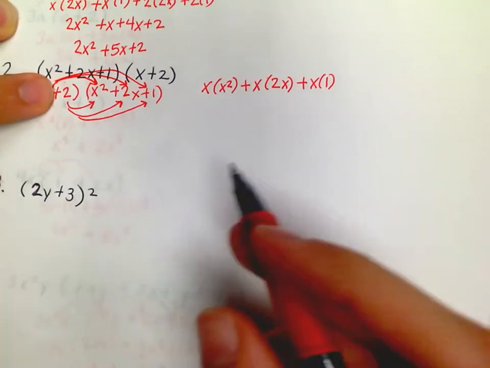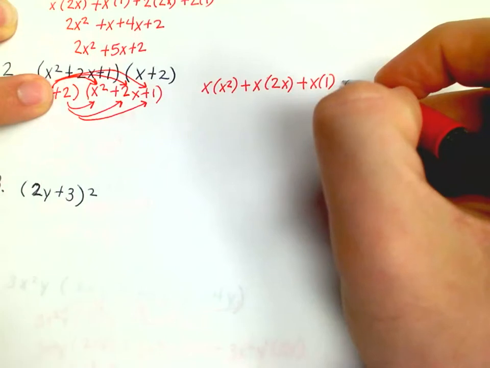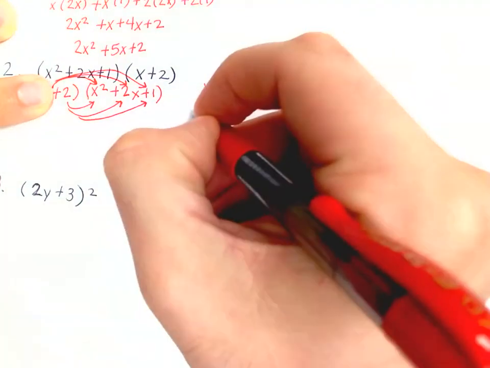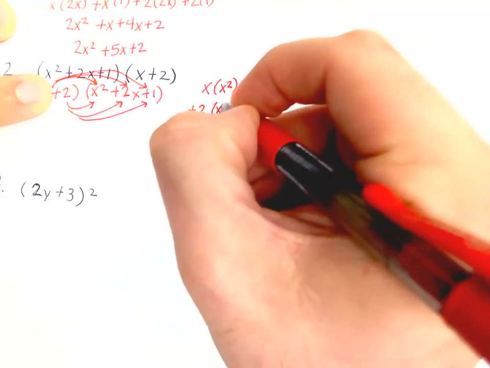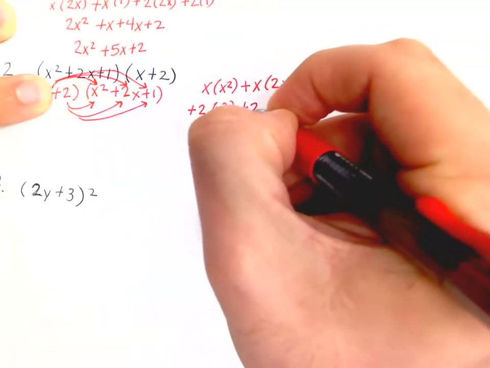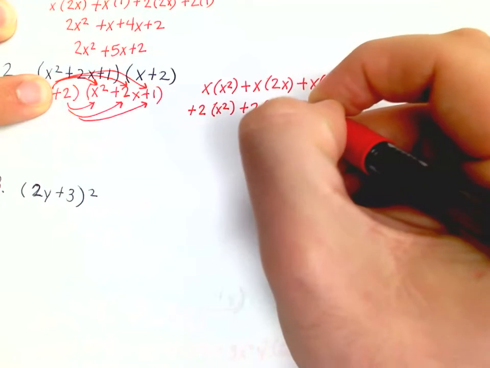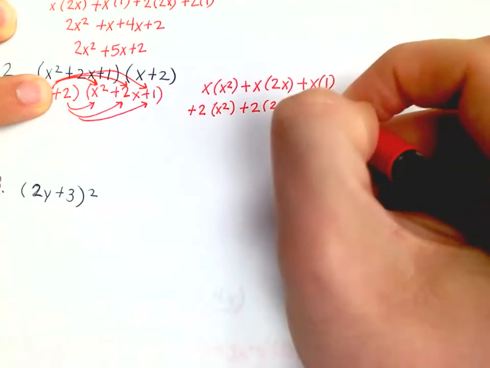Now let's work with distributing 2 across everything. I'm going to do it down here. So plus 2 times x squared plus 2 times 2x plus 2 times 1.